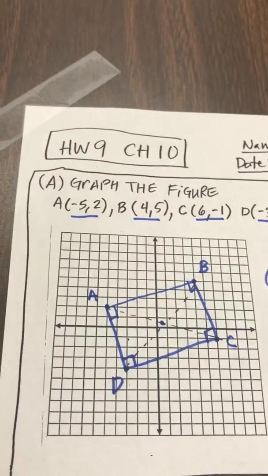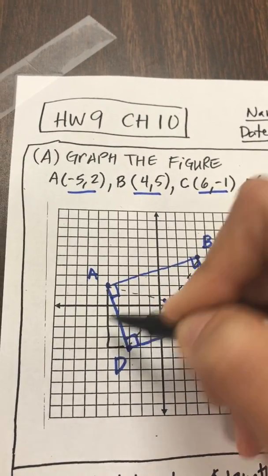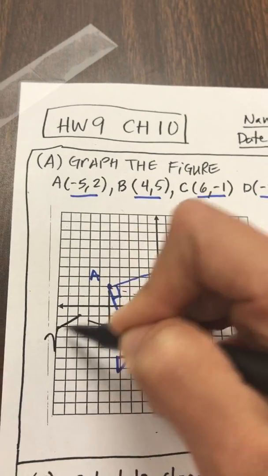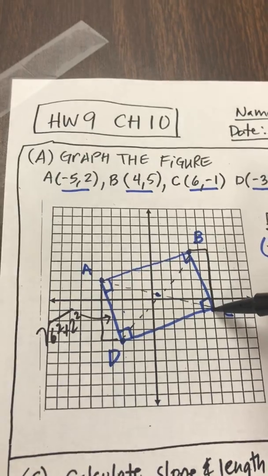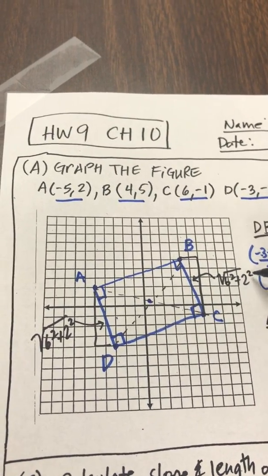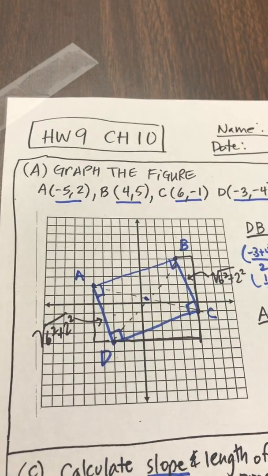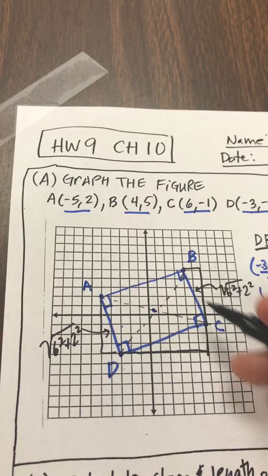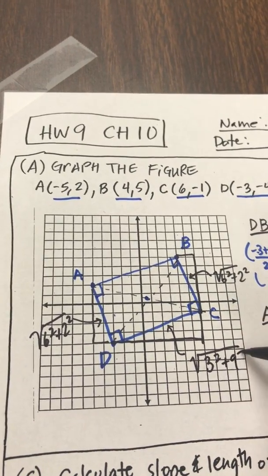So, okay, I'm going to draw this in here. So that's 6 and that's 2. So that length would have to be the square root of 6 squared plus 2 squared. And so would this length. This, we said when we found our slope, was 3 and 9. So this would have to be the square root of 3 squared plus 9 squared.